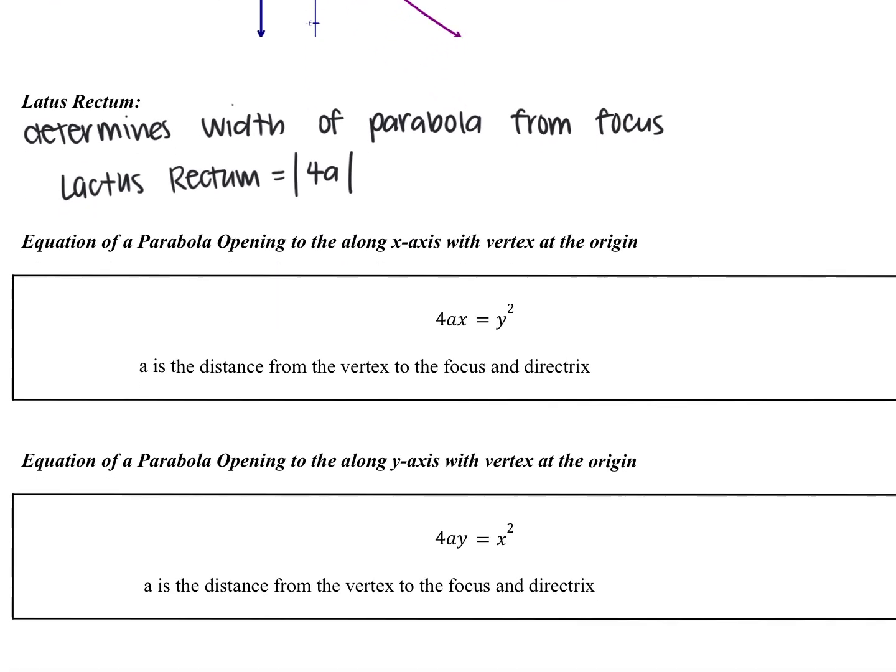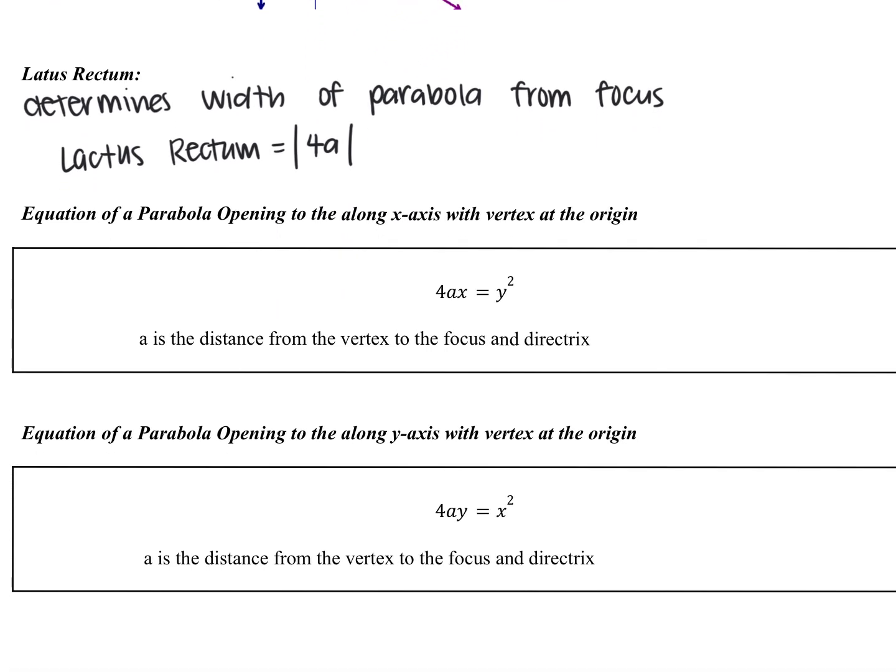So when we talk about the equation of a parabola, it can open one of two ways. It can open along the x-axis, which is what our picture above is. It opens left or right, and then it can open along the y-axis, which would be up or down. So the equation for opening along the x-axis is 4ax equals y squared, where a is the distance from the vertex to your focus and your directrix.